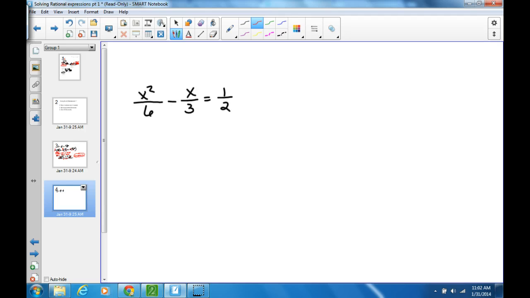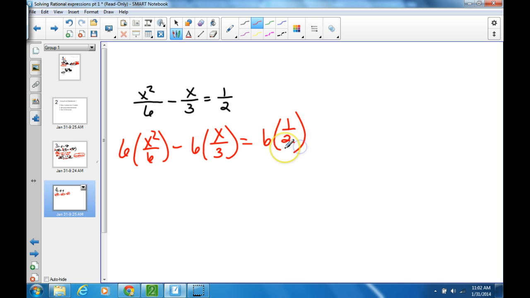What would my common denominator be in this case? 6. I can multiply them each by 6. So it'll be 6 times x squared over 6 minus 6 times x over 3 equals 6 times 1/2. Here my 6's cancel out.